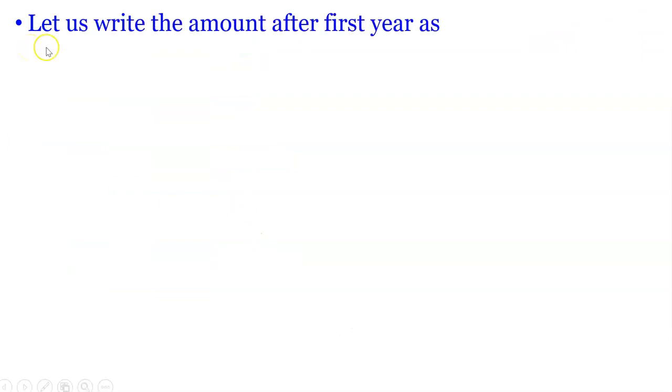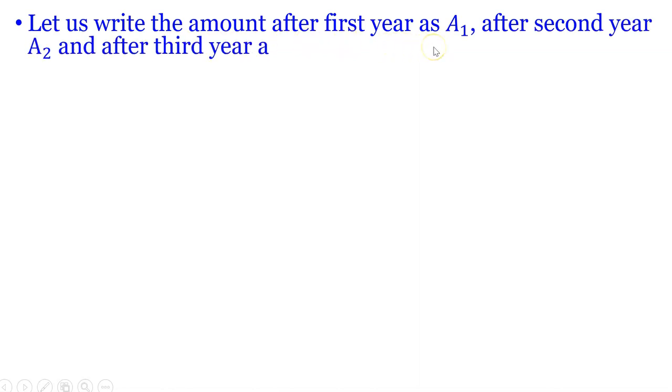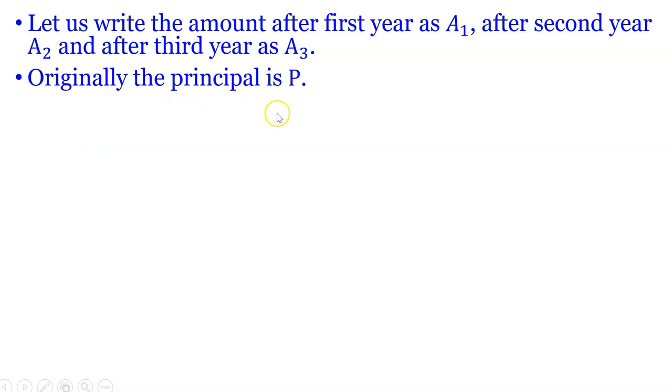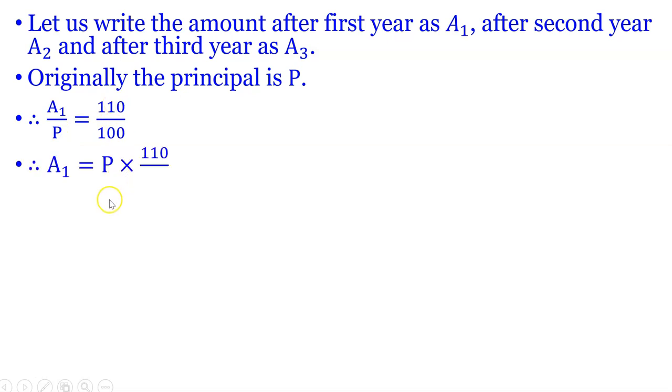Let us write the amount after the first year as A1, after the second year A2, after the third year as A3. Originally, the principal is P. A1 upon P is equal to 110 upon 100. Therefore, A1 is equal to P into 110 upon 100.